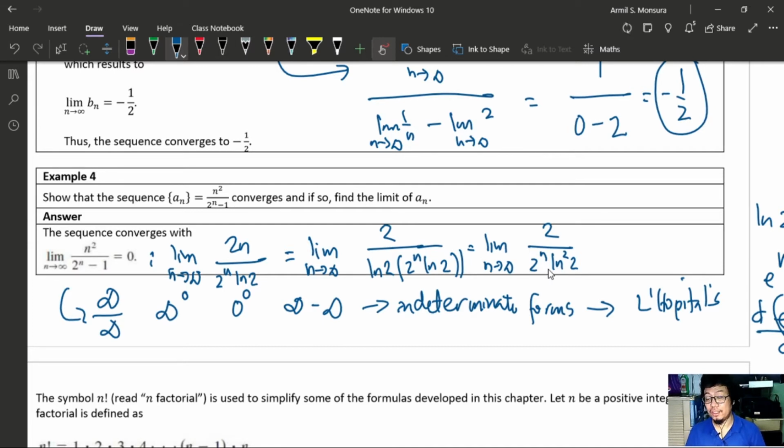I concluded this is a very large number because if n is a very large positive number, then 2 raised to n is a very large positive number. Just imagine what is 2 raised to 9999, for example. That's a very large number. And the limit of that as n approaches infinity, which is 2 divided by a very large number, is actually 0. So here we can clearly see that the limit of the sequence is actually 0.